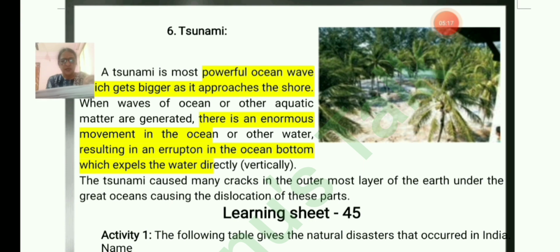So we can say generally that a tsunami is created by underwater disturbance, usually due to earthquakes occurring below or near the ocean. That is the reason a tsunami is caused. And even volcanic eruptions and coastal rock falls cause a tsunami.